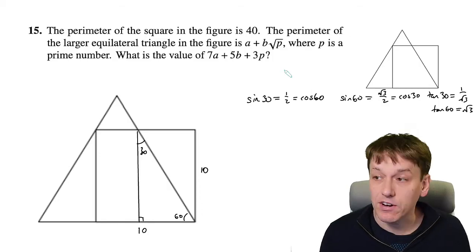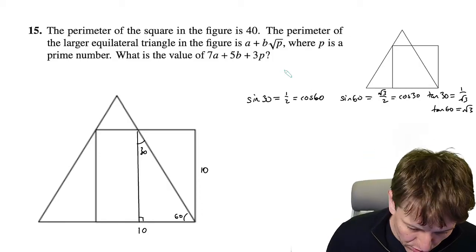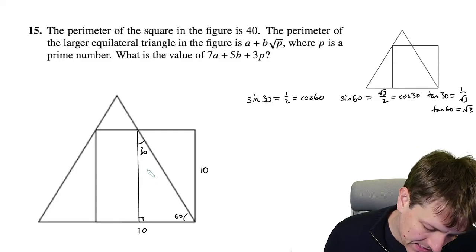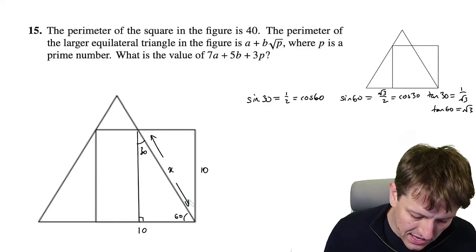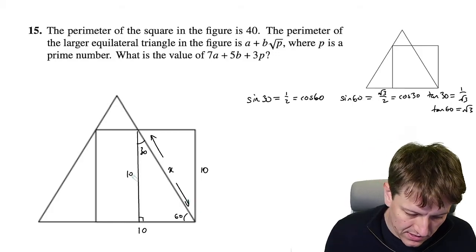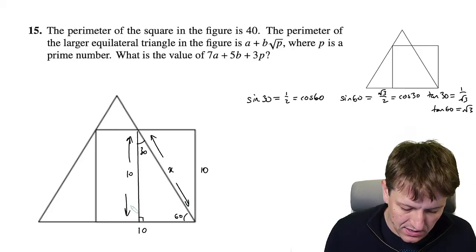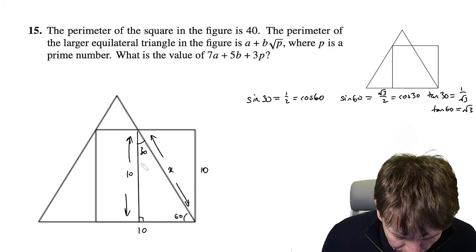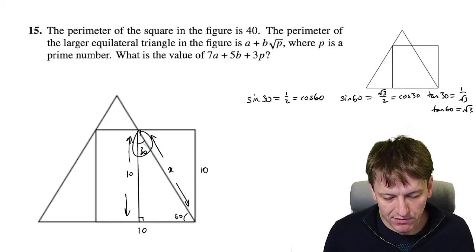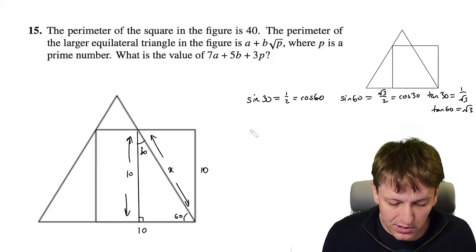But we're going to use that here, because let's just call this length here x. Well, I know that this is 10, so I've got that. So let's use the angle of 30 here, and I've got the adjacent side and the hypotenuse.